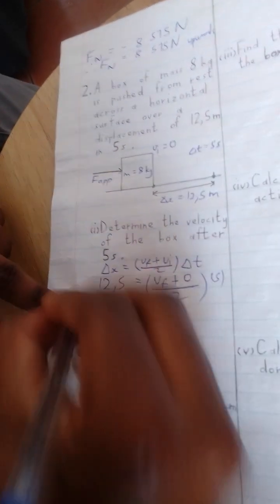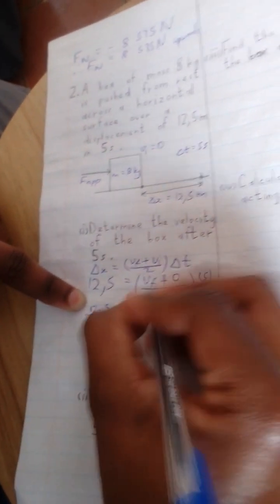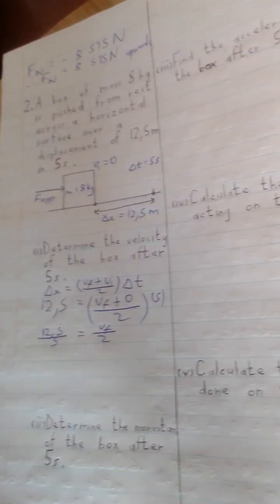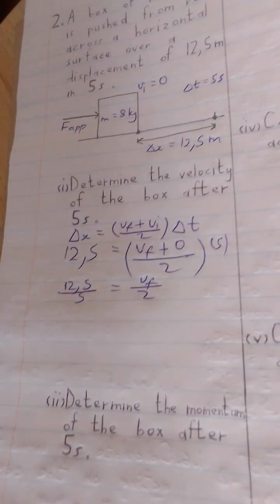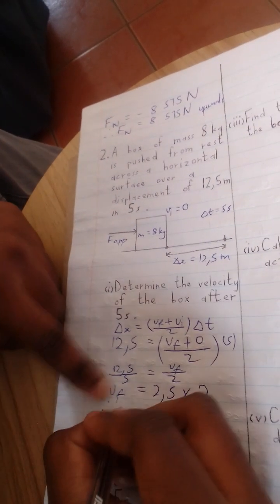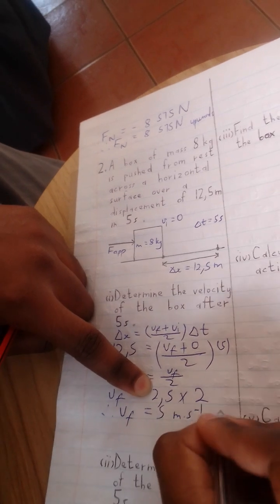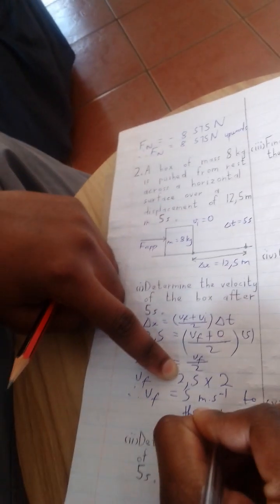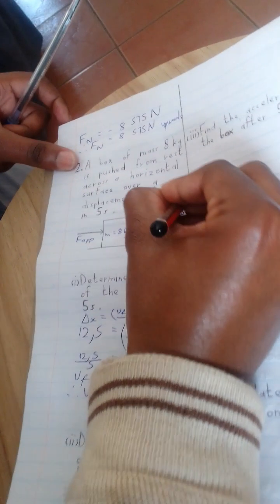Divide both sides by 5. 12,5 over 5 is equal to Vf plus 0, which is Vf, over 2. 12,5 over 5 is 2,5. Vf is 2,5 times 2. Vf is 5 meters per second to the right. This is right because it's going this way, right?